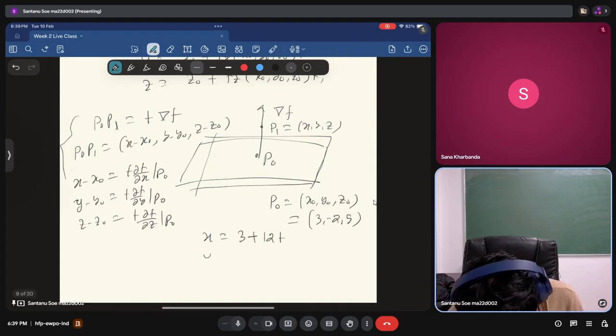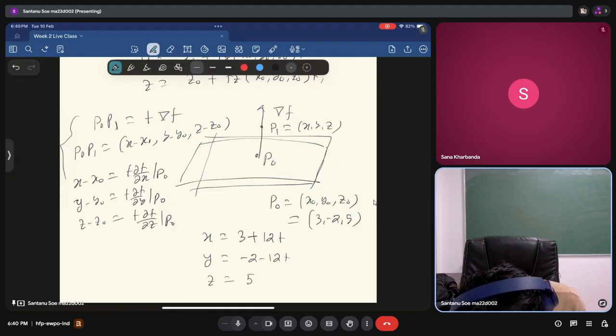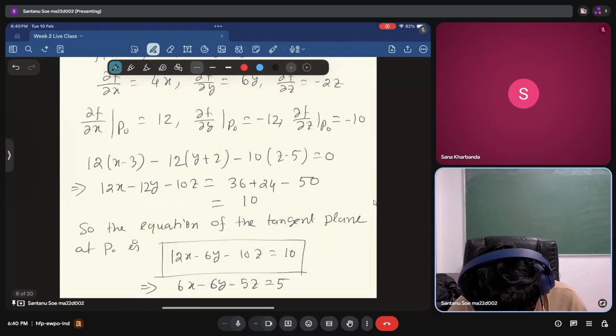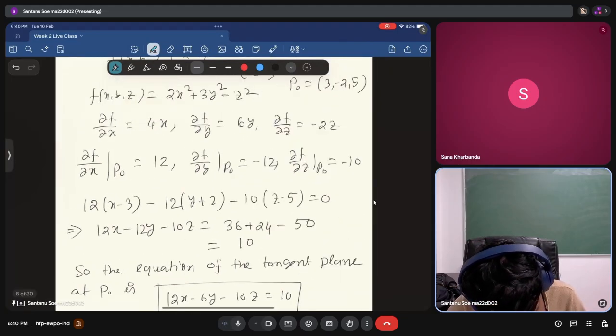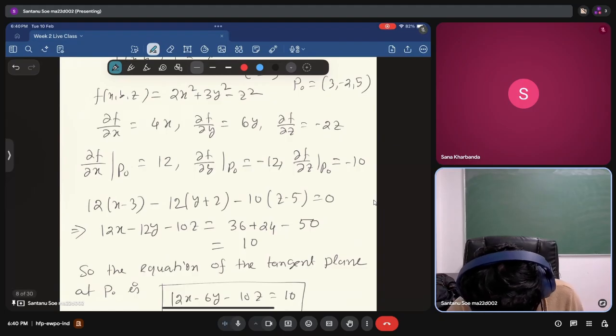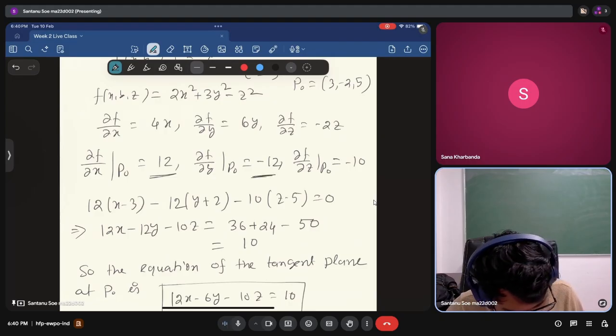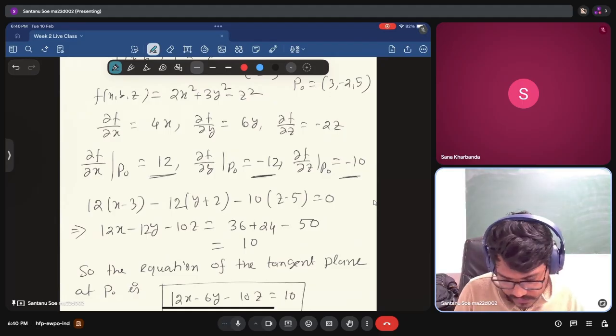Y will be -2 minus 12t, and z will be 5 minus 10t, because del f del x at P0 was 12, del f del y at P0 was -12, and del f del z at P0 was -10.